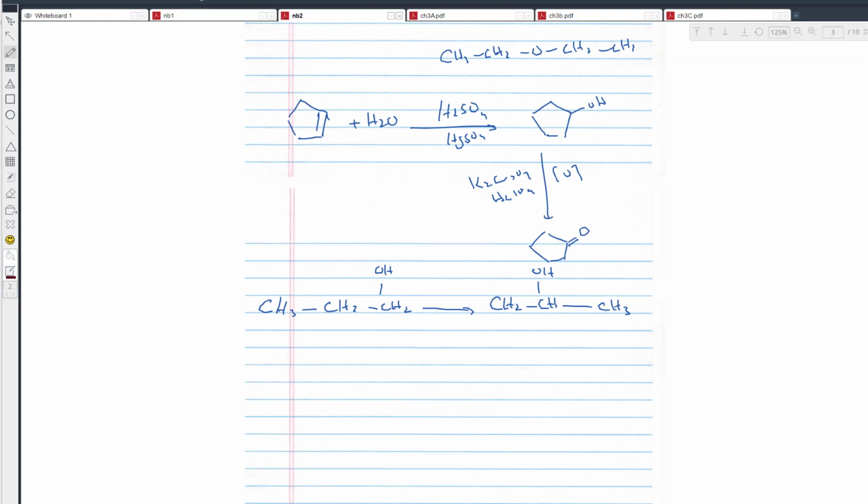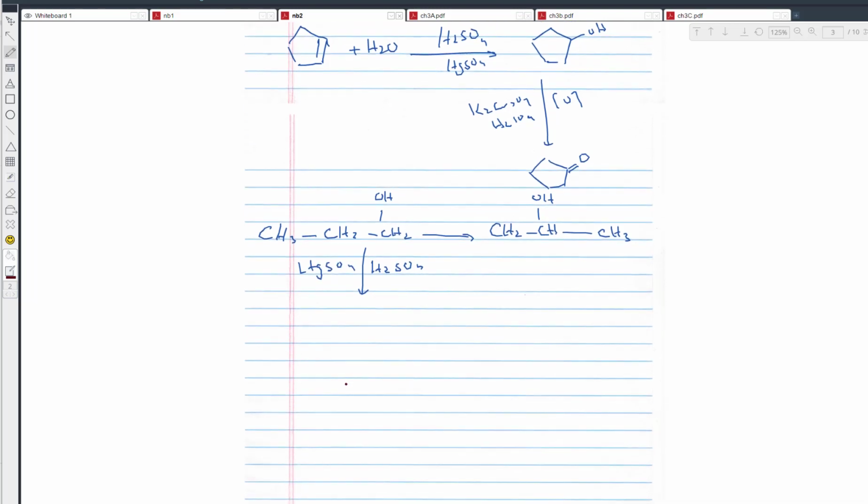Okay, you are moving in the right direction. Do the dehydration of the reactant. Dehydration means sulfuric acid and heat. What will you get with heat?